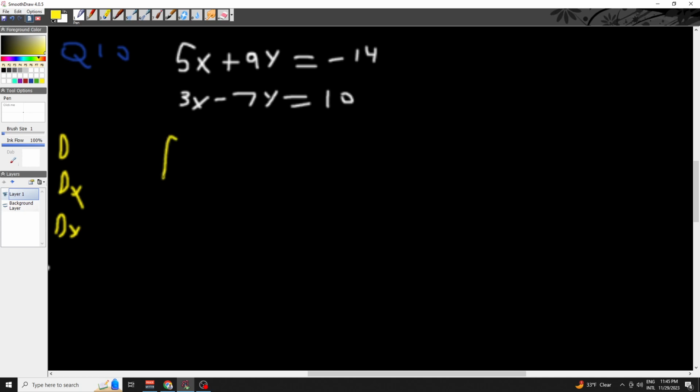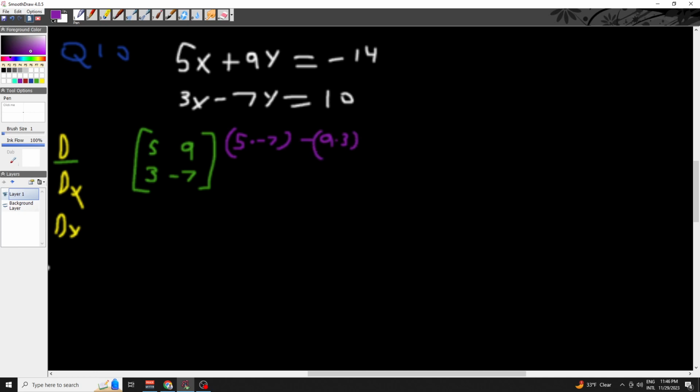So we're going to write a 2 by 2 matrix, just consisting of these variables. So it's going to be 5, 3, 9, -7. In order to get the determinant of these variables, we're going to do 5 times -7 minus 9 times 3.